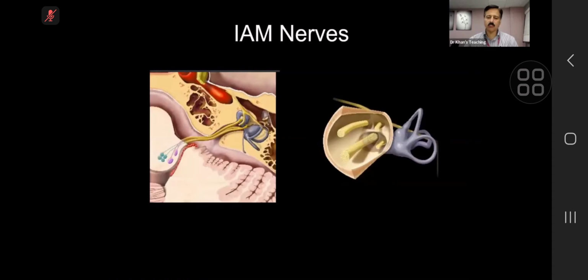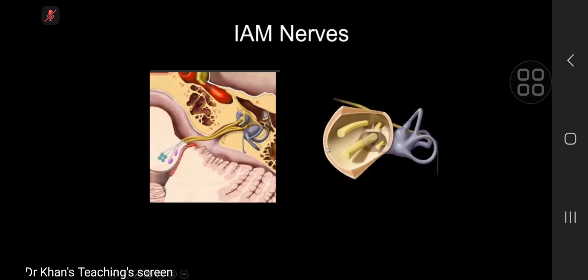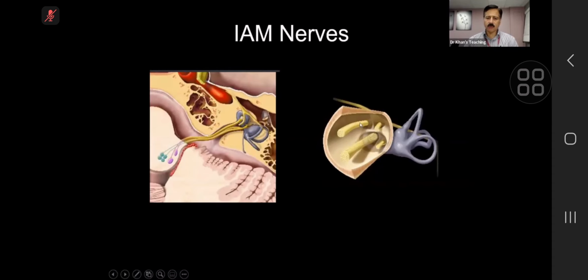Now you tell me which one will be at a higher level? The facial would be at the higher level. Excellent, well done. So here we have 4 nerves: the 7th nerve, the cochlear nerve, the superior vestibular and the inferior vestibular. We also have the formula of 7 up, coke down. So 7 up, coke down, superior and inferior.